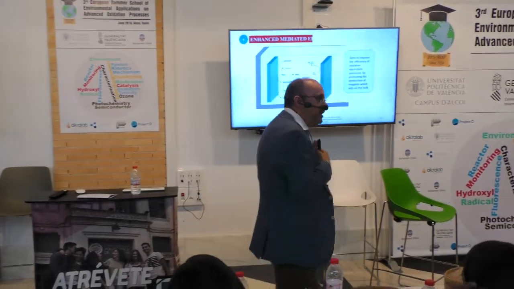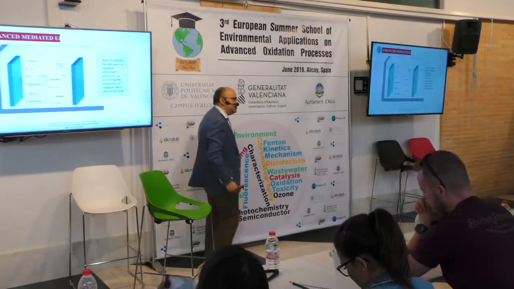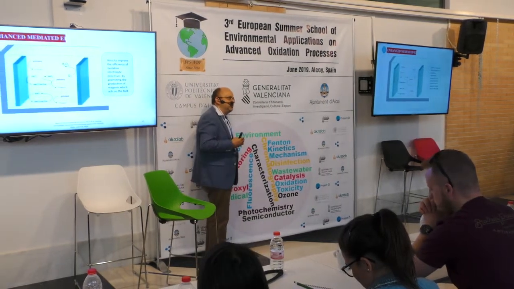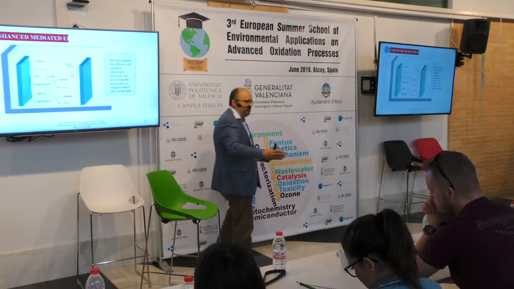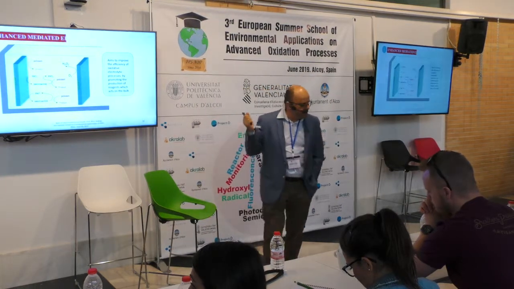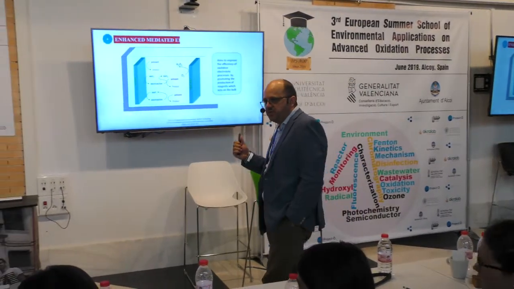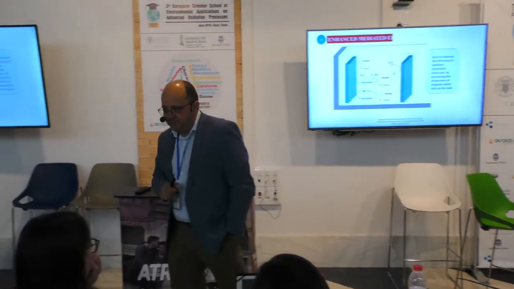If I have to be oxidized on this surface, I have to be transported to this surface. So the rate of the oxidation is going to be limited by the transport rate to the surface, okay? But in this case, with the mediated enhanced processes, the rate of the processes is not limited by mass transfer.